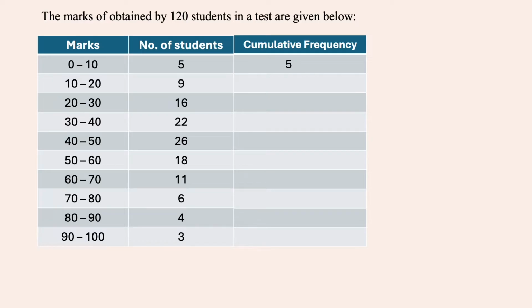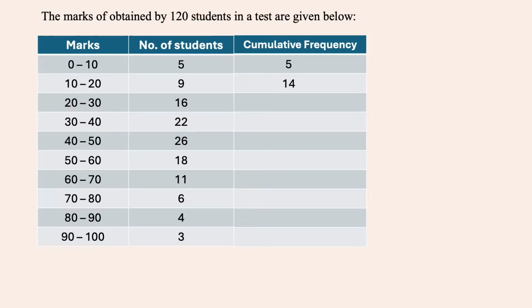Now the next, the second class interval, is 10 to 20 having frequency 9. So cumulative frequency means collecting the frequencies of the next class. So 5 plus 9 gives 14. Similarly, for the third class interval, cumulative frequency will be the total of the first three frequencies.